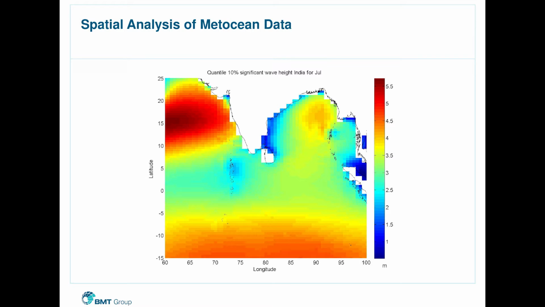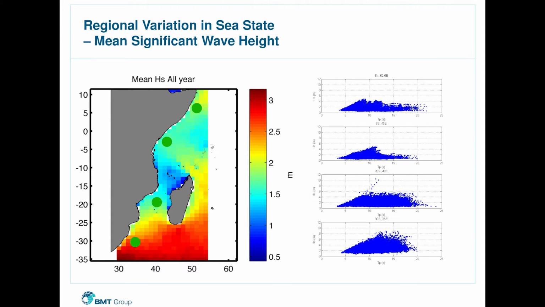That would be very useful for planning a ship passage that's sensitive to a given threshold in sea state. And this is looking at wave severity off the east coast of Africa, looking at the wave period distribution at various points going up through the Mozambique Channel up to Somalia.